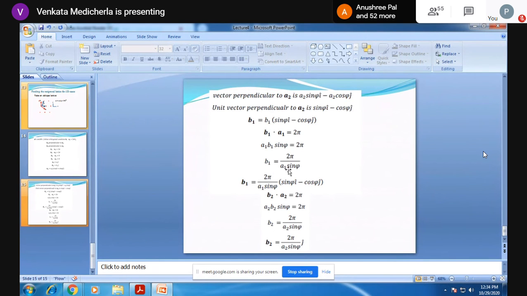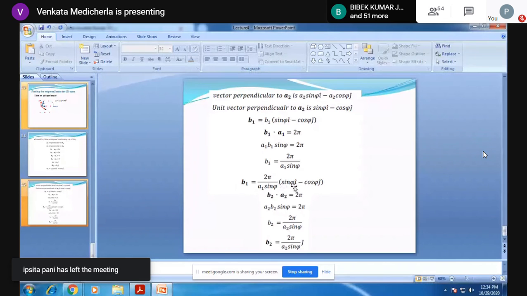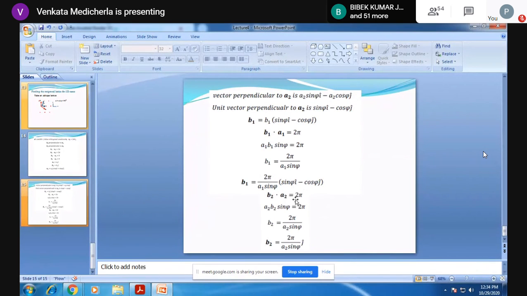That's the magnitude of B1, and the direction is sin phi i cap minus cos phi j cap. So vector B1 is 2 pi by A1 sin phi into sin phi i cap minus cos phi j cap. Similarly, B2 dot A2 is also 2 pi. That will give you B2 is 2 pi by A2 sin phi, but B2 is along the y direction. That is 2 pi by A2 sin phi j cap.